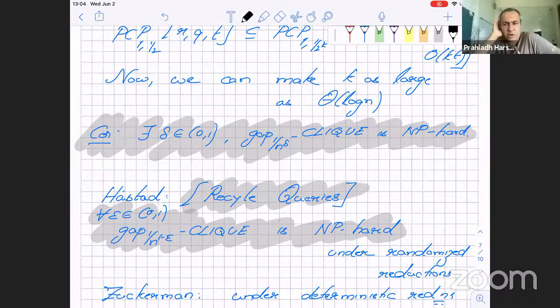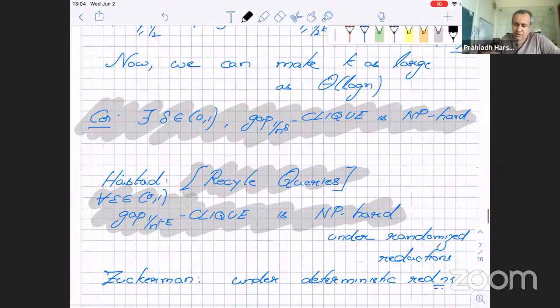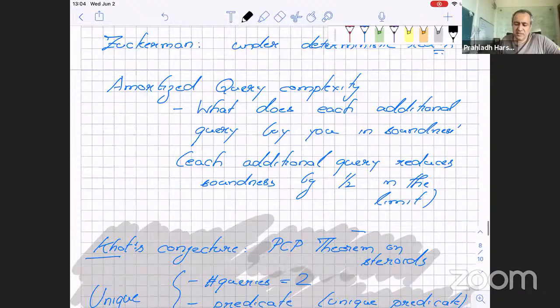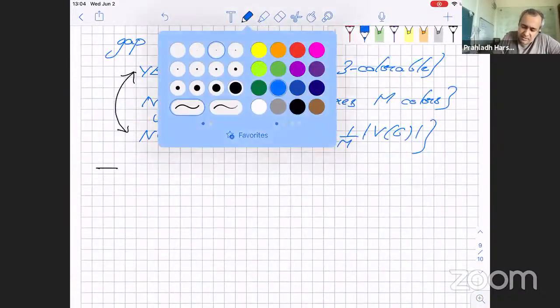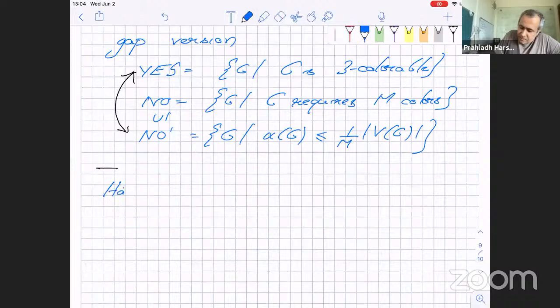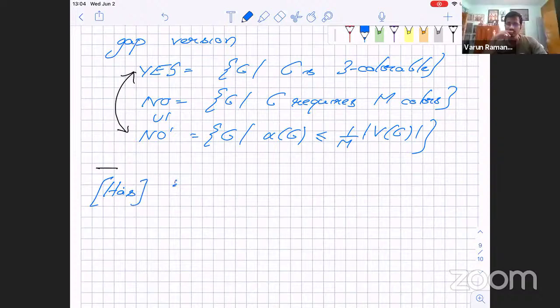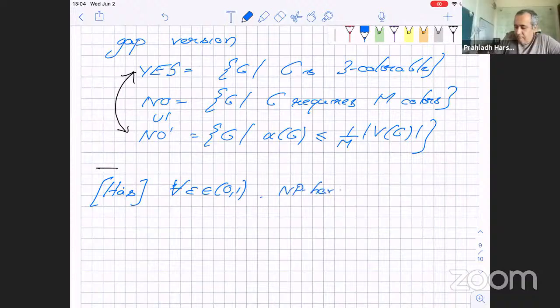No, for max 3 SAT you don't need it. Max 3 SAT, this is another result of Harstad, for which you don't need the steroid result. Harstad showed that for all epsilon in (0,1), it is NP-hard to approximate max 3 SAT.